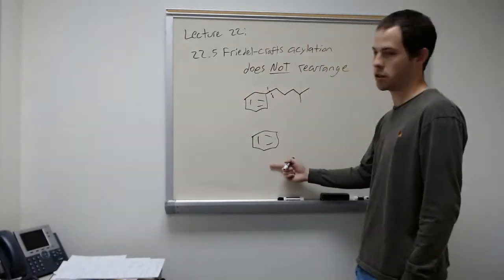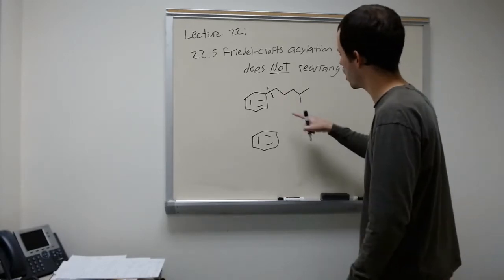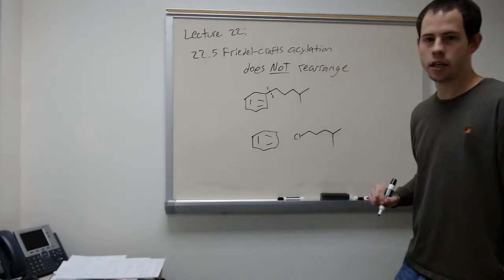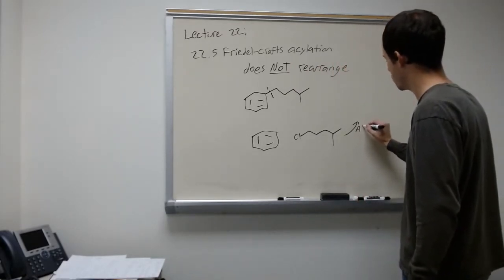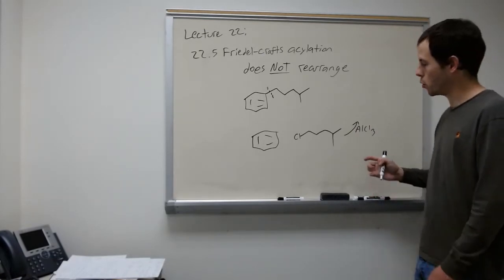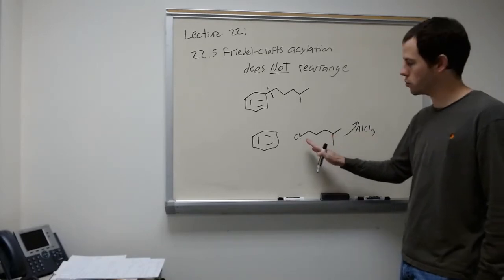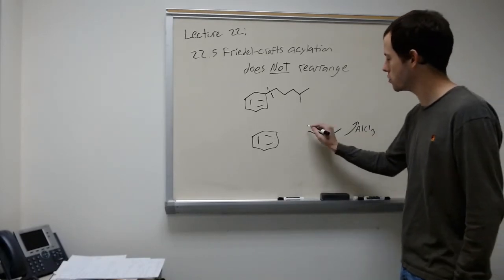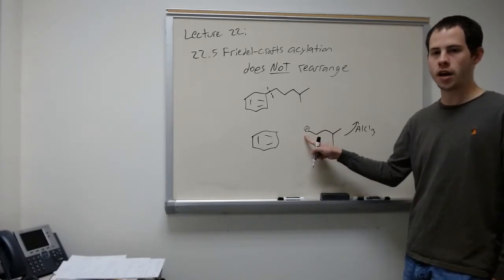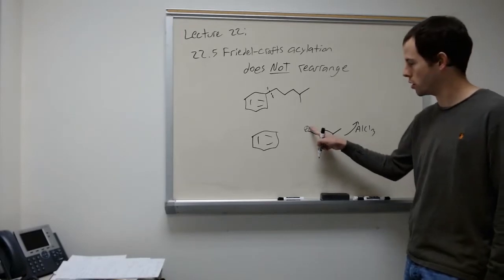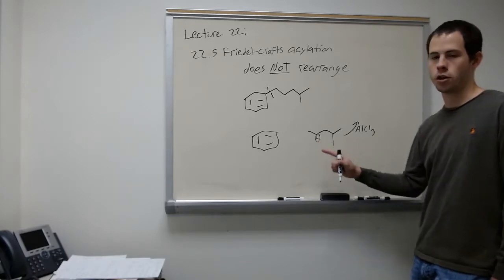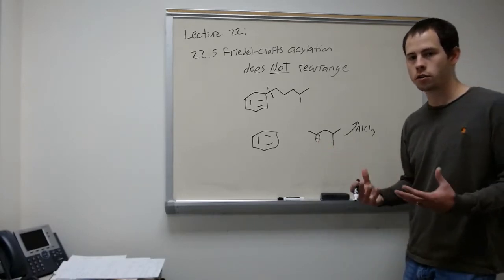And so I would take my benzene ring, I would take my corresponding alkyl chloride, like this, and then I do my Friedel-Crafts alkylation with my Lewis acid, and I'm going to make my bond. Remember, whenever we do this, we essentially pull off the chlorine, and so in this case that would generate a primary carbocation, which would very quickly do a 1,2 hydride shift with the hydrogen on this carbon, therefore giving us the carbocation here, and then that would serve as our electrophile in our Friedel-Crafts alkylation reaction.